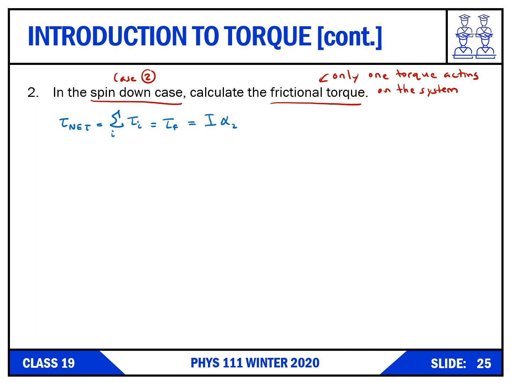Now we also know that omega F is equal to omega I plus alpha t. So if we're able to figure out alpha, we have alpha is equal to omega F minus omega I over t.